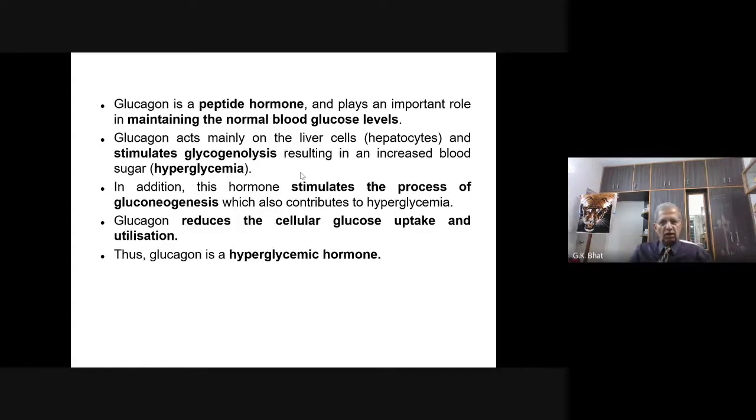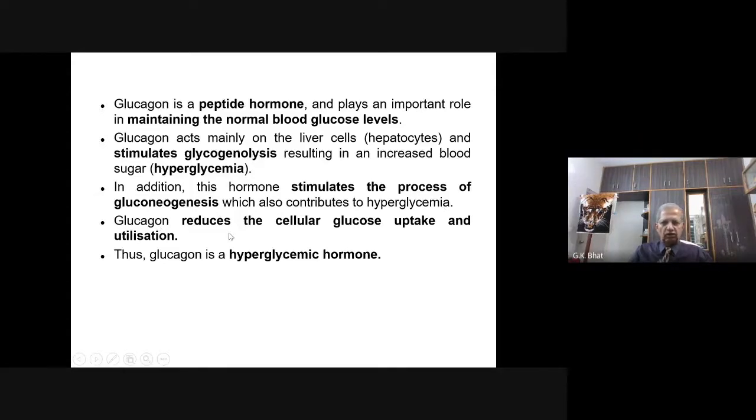In addition, this hormone glucagon stimulates the process of gluconeogenesis. As I have told you, gluconeogenesis is the synthesis of new glucose by the breaking down of lipid and protein. So, this process also contributes to hyperglycemia.